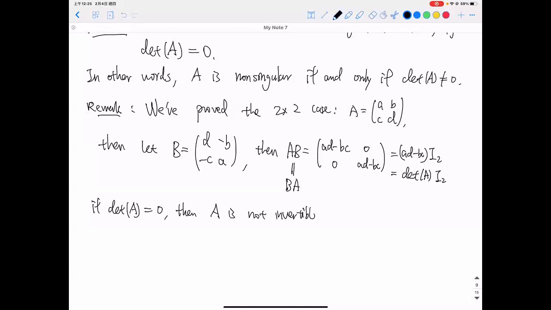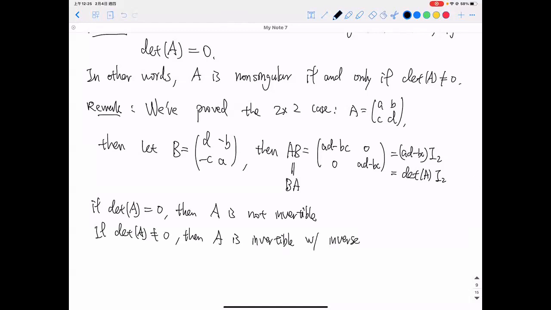If the determinant of A is not 0, then A is invertible with inverse equal to 1 over the determinant AD minus BC, times the matrix D, minus B, minus C, A. Right, so this is proving that being invertible is equivalent to having non-zero determinant.